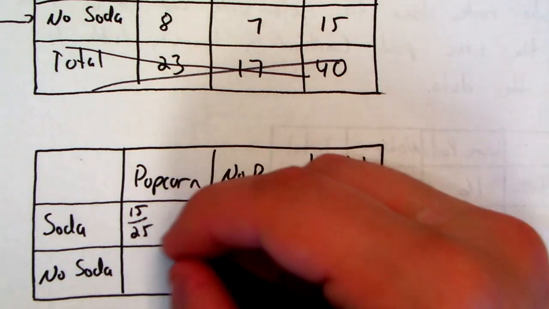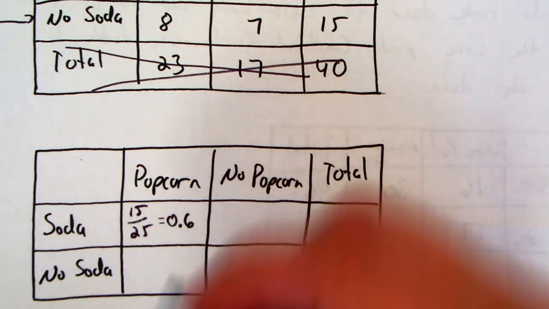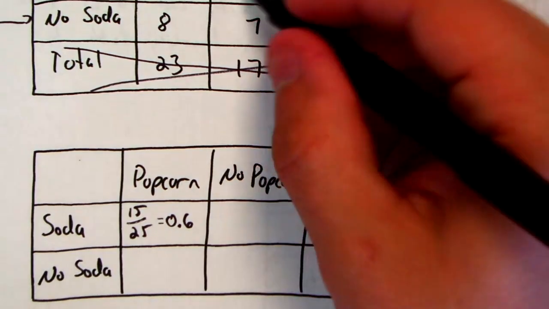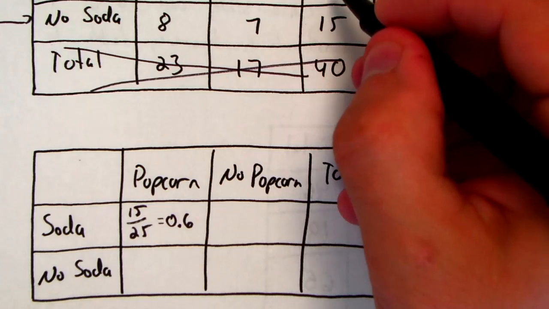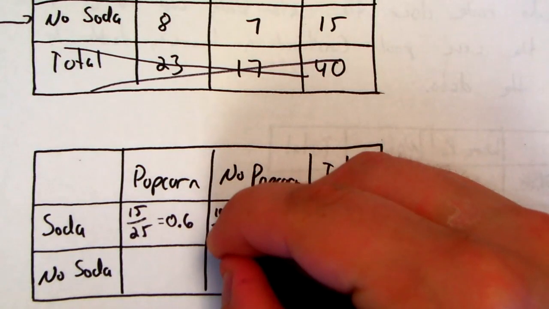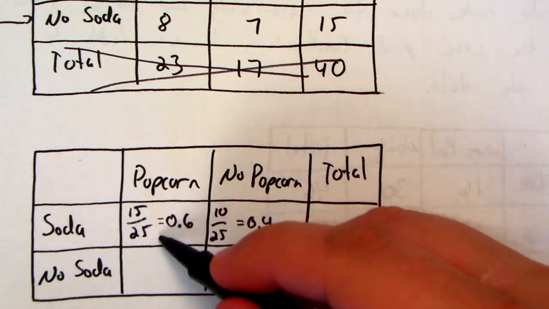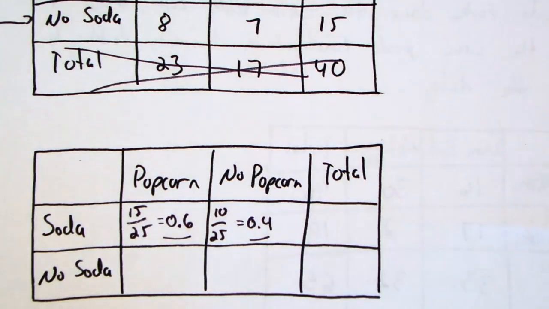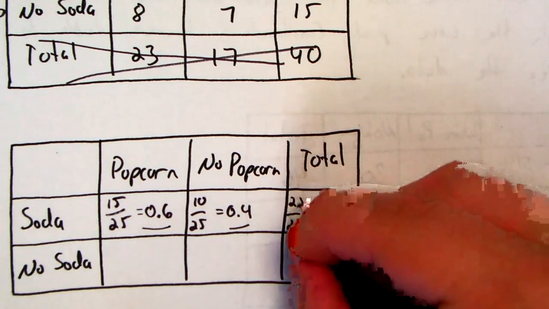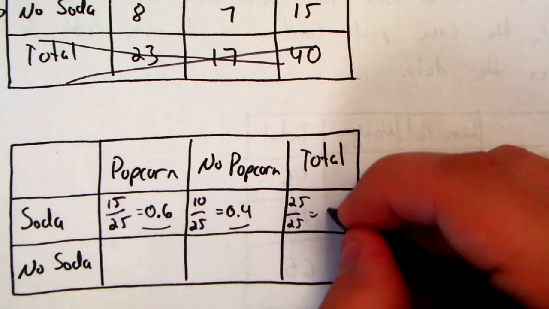And this would be 0.6, or about 60%. Keep going. We have 10 in 25 that wanted soda but no popcorn. So 10 out of 25, which would be 0.4. Now, keep in mind, this and this should always equal 1. Because there's a total of 25 for a total of 25, which equals 1.